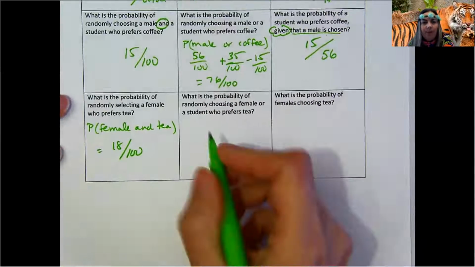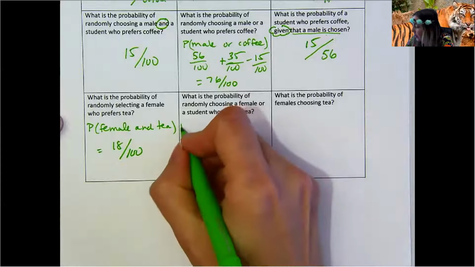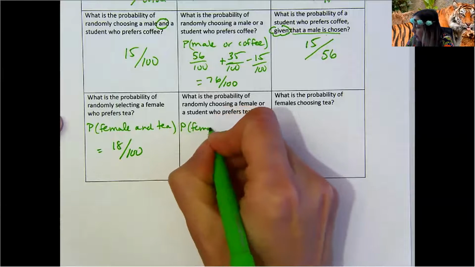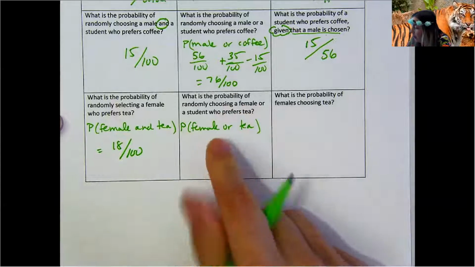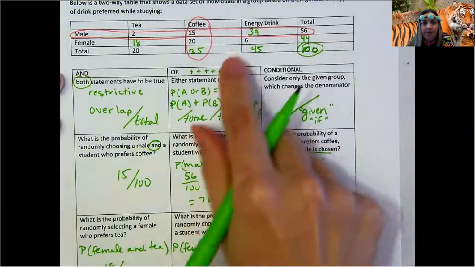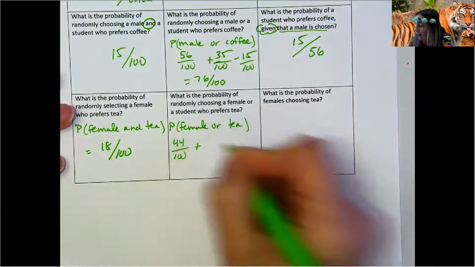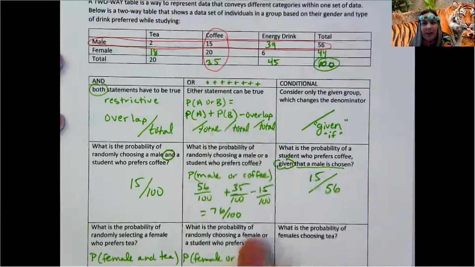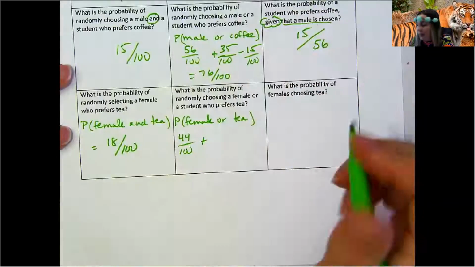What is the probability of randomly choosing a female or a student who prefers tea? So female or tea. Female, we have 44 females. So 44 out of 100. The word or means add. How many people want tea? 20 people like tea.